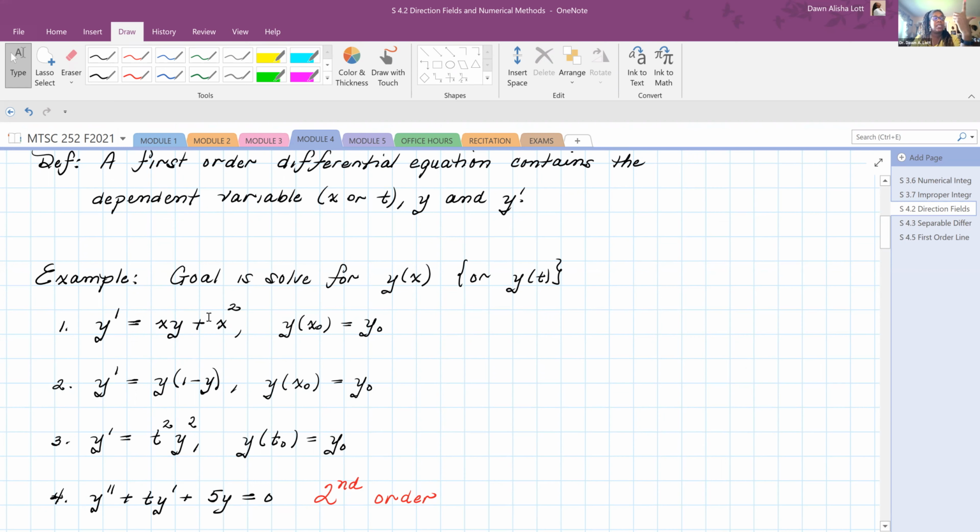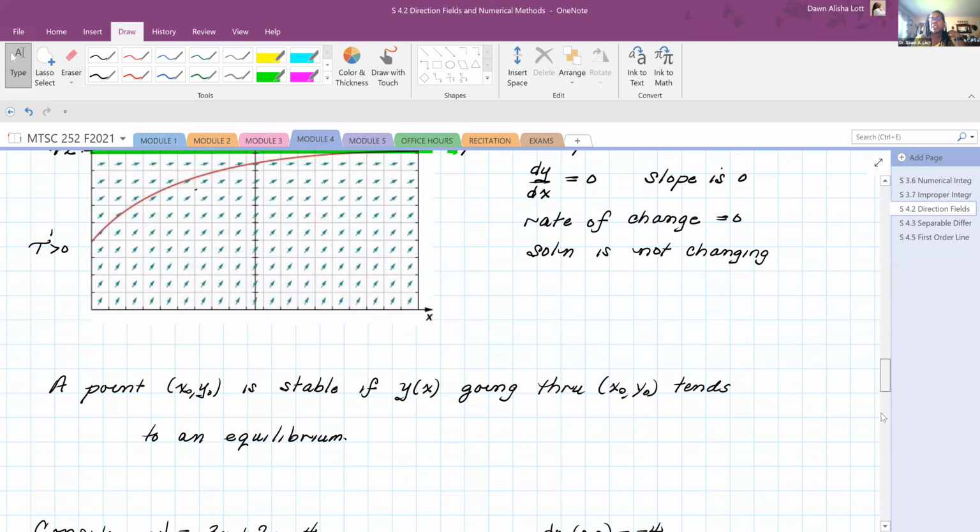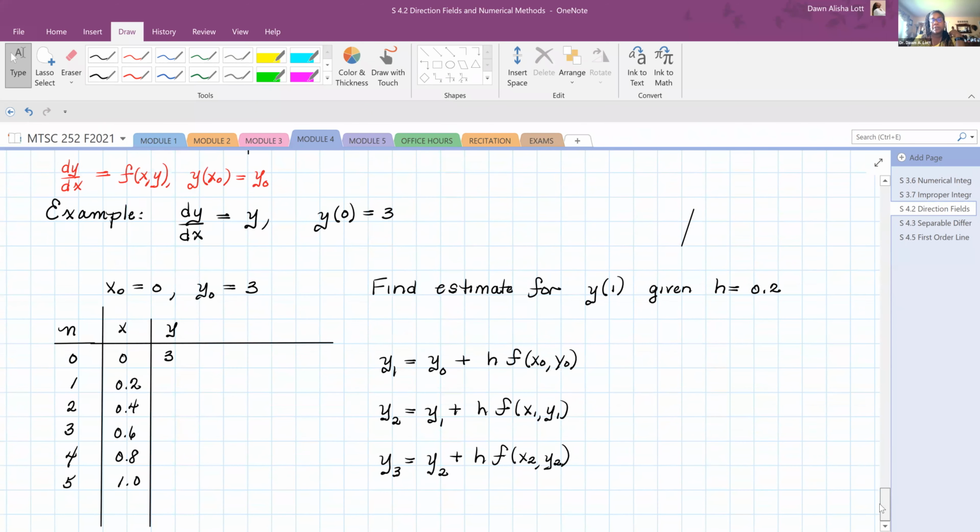So we looked at these equations: here's y and x, the independent variable, and its derivative. Here is y and its derivative. Here is y and its independent variable t and its derivative. And then in equation 4, it is second order because it contains y double prime, but we're not going to solve those. So we're solving differential equations that contain y and its derivative.